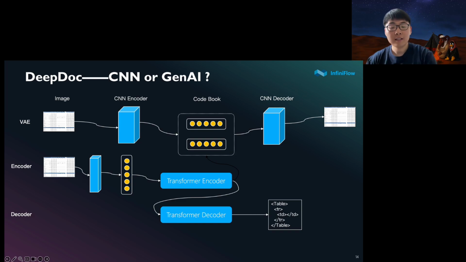To address this, we basically have two options to go. One is using CNNs, where we treat it like a detection task. The downside of CNNs is that they don't generalize very well. The other way is to use generative AI. The idea is, if we have a codebook that can generate tables similar to the originals, then we consider this codebook a good representation.